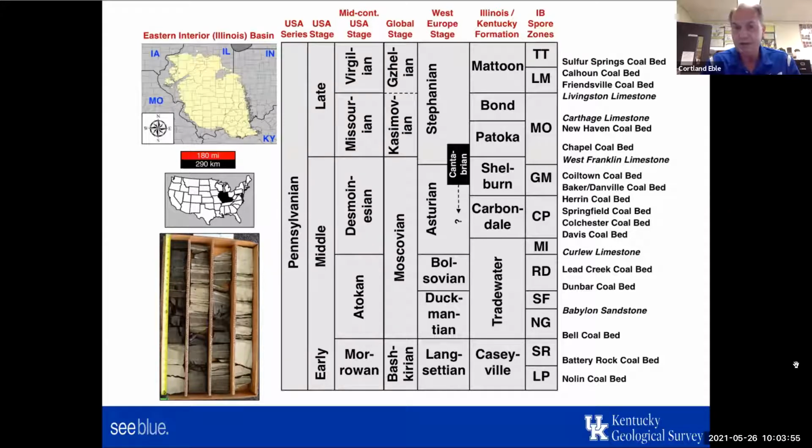Now, on the surface, you might wonder, does that really matter? And the answer is yes, because what I'm finding is that a lot of the extinction points and introduction points of many taxa are either slightly above or below where they occur in the coal. So next slide, please.